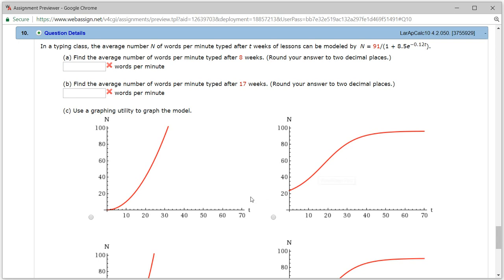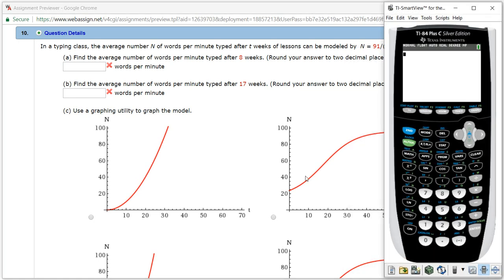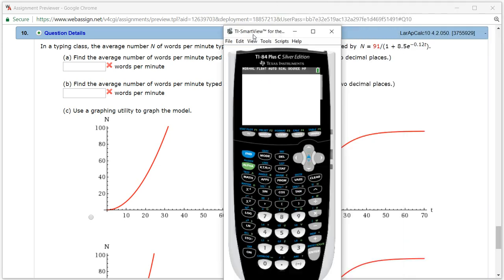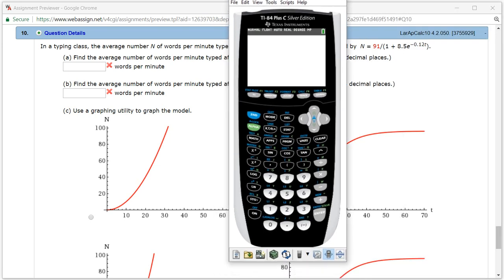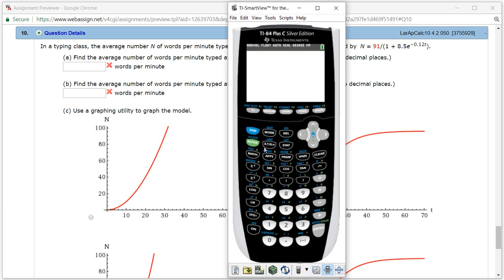So let's do that. I'm going to bring out a calculator. Actually, I can't see the function here, so I'm going to move it over. I'm going to define the function, go to y, and get rid of that junk.